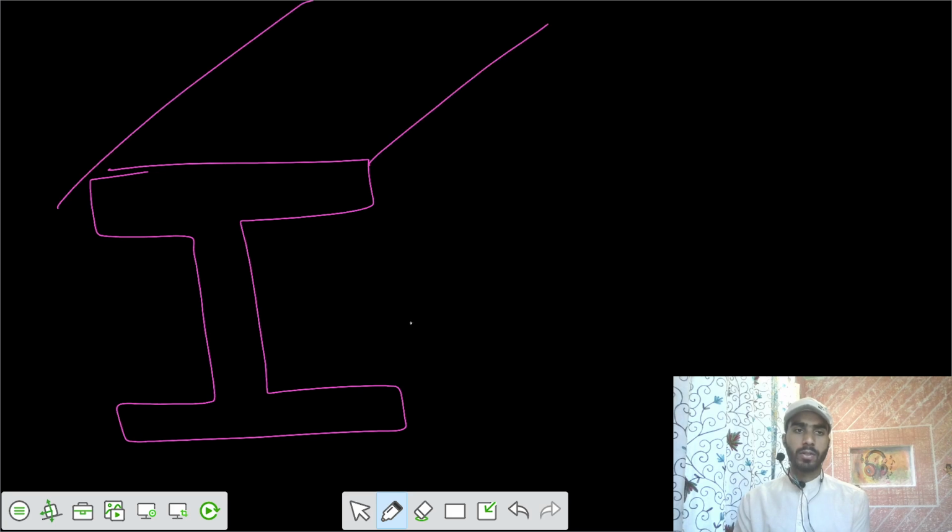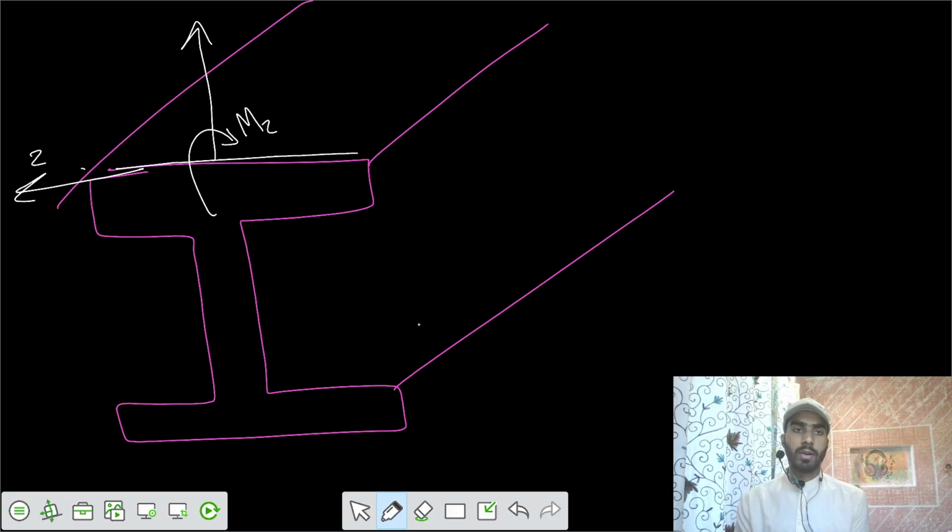You can make it continuous here. Now let's say you are applying the moment in the z direction. This is the z direction. So perpendicular to this z direction, you can have the plane of couple. And let's say the neutral axis forms at the centroid.